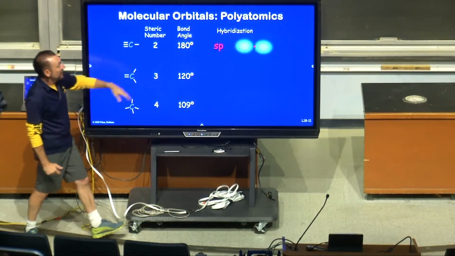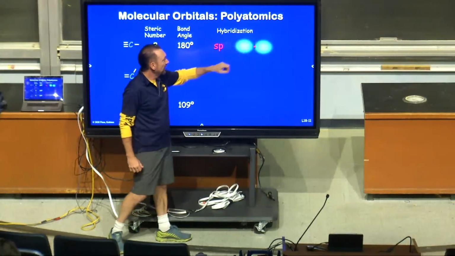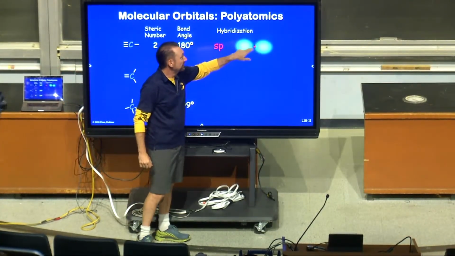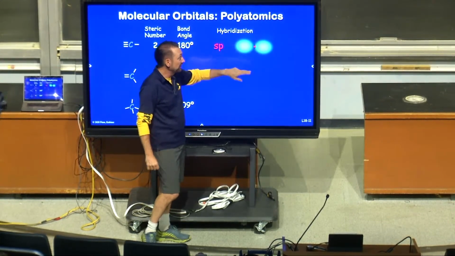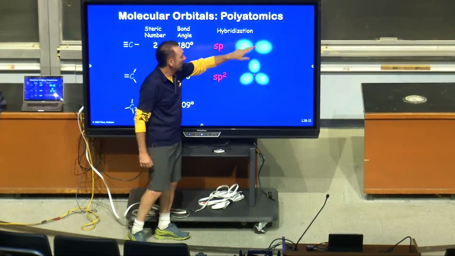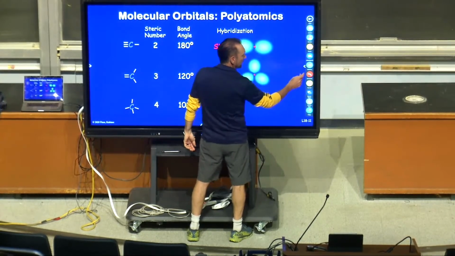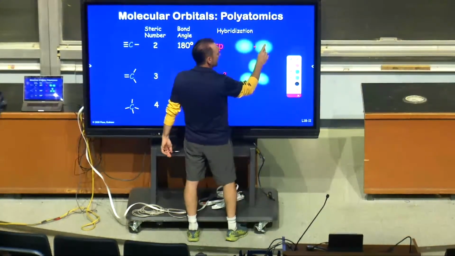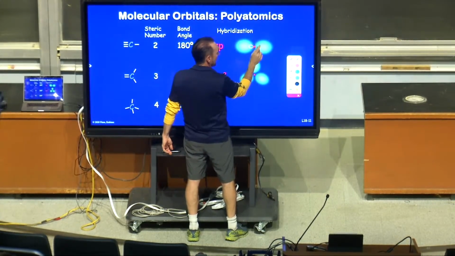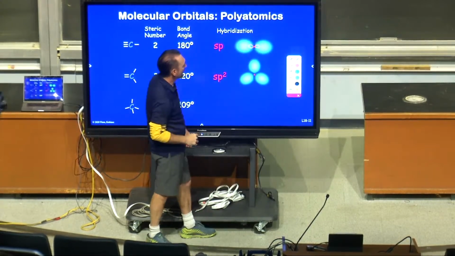We said we'll take the s and the p, one s and one p orbital, and we'll make two new wave functions. So an s and a p, you take the sum and the difference, two linear combinations, and you make two sp orbitals, 1, 2. What I'm drawing here, we know there's an out of phase portion for each of these wave functions.